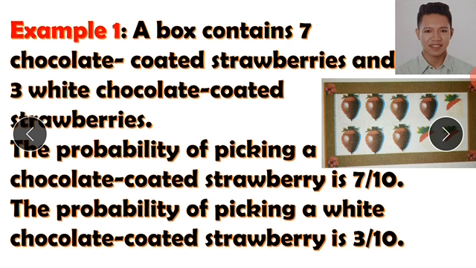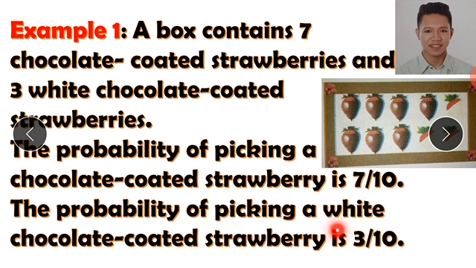Since there is no number line in this presentation, I will describe the probability of picking a chocolate coated strawberry, and this one is likely to happen because there is a 70% chance.